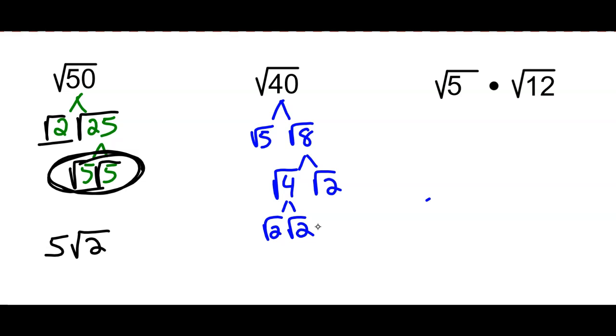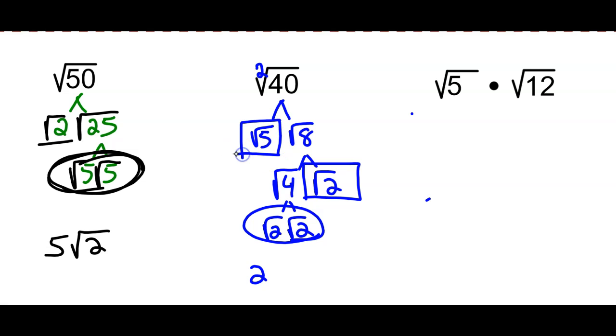And so what we're looking for when we're doing the square root is pairs that match up. So I've got root 2 times root 2. That's going to equal the square root of 4. We know the square root of 4 is 2. What is left over? Well, you still have square root of 2 right here and square root of 5 right there. So whatever's left over, you multiply those back together. Square root of 2 times the square root of 5 is the square root of 10. And that is the square root of 40 simplified.